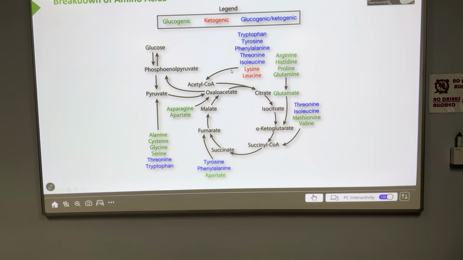So you see there is a direct linkage between all these amino acids, arginine, histidine, proline, threonine, isoleucine, tyrosine, phenylalanine, aspartate. All of them are shuttled in this very important cycle. What's the name of the cycle? The tricarboxylic acid cycle, or the Krebs cycle.